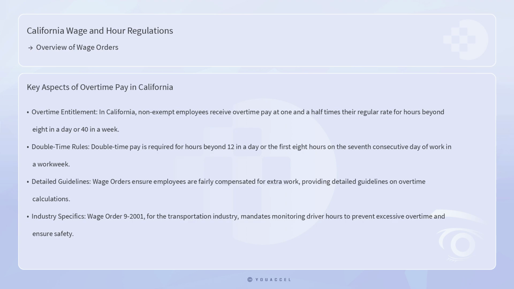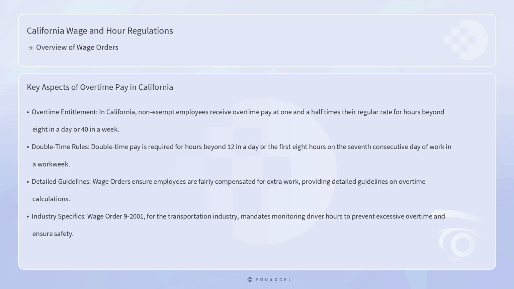Overtime pay is another critical aspect addressed by wage orders. In California, non-exempt employees are entitled to overtime pay at 1.5 times their regular rate of pay for hours worked beyond 8 in a day or 40 in a week. Additionally, double time pay is required for hours worked beyond 12 in a day or for the first 8 hours on the 7th consecutive day of work in a work week.